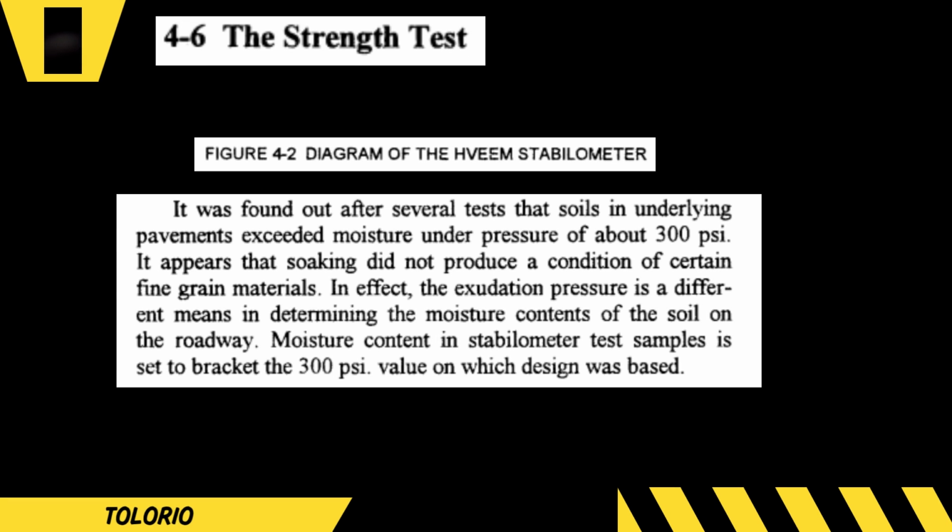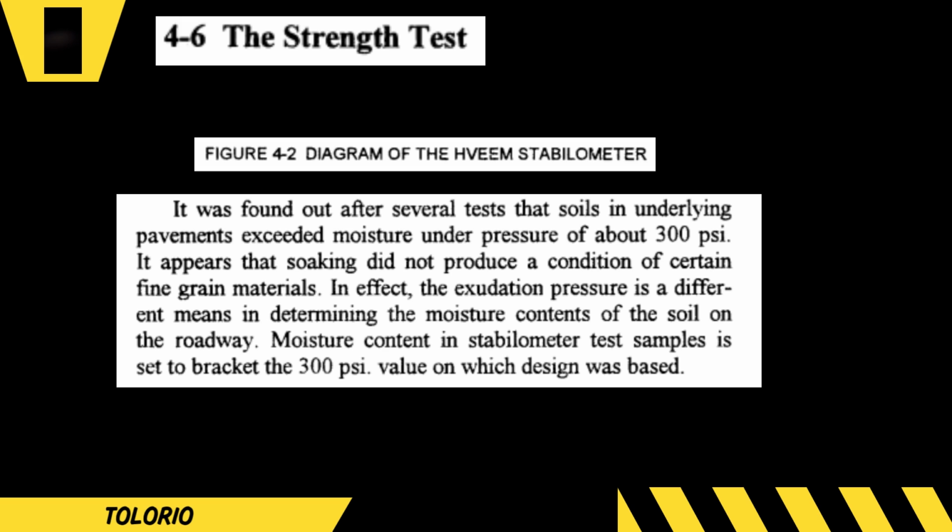It was found out after several tests that the soils in underlying pavements exceeded moisture under pressure of about 300 psi. It appears that soaking did not produce the condition of certain fine grain materials.